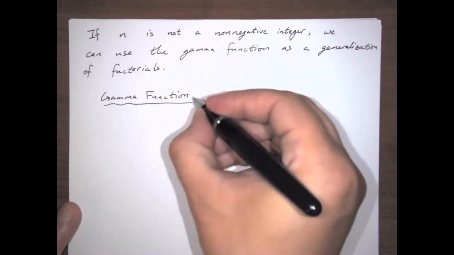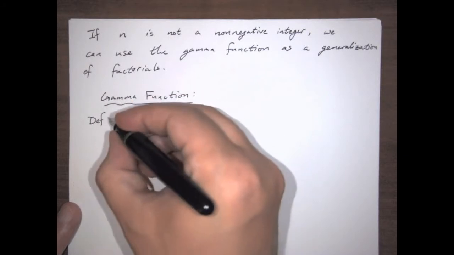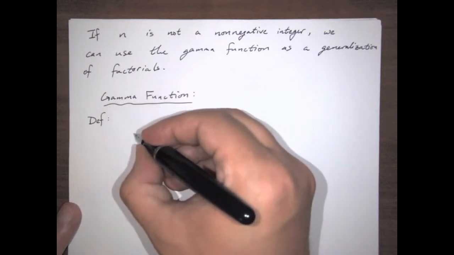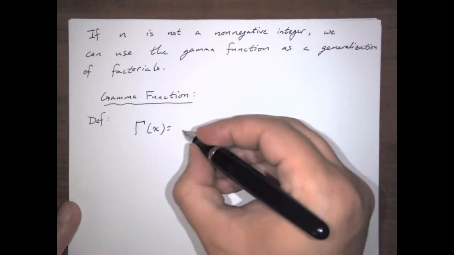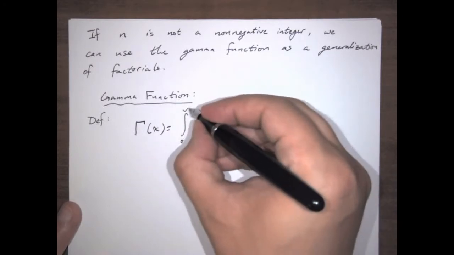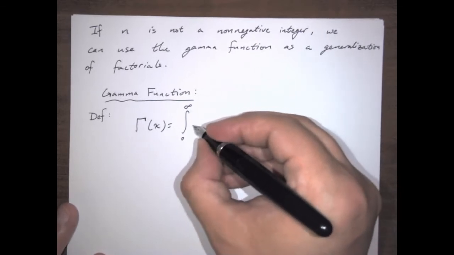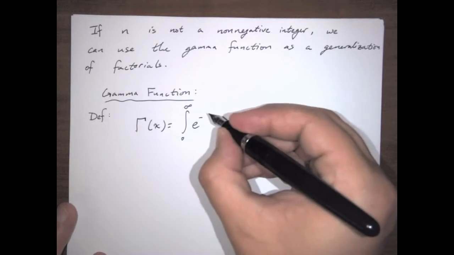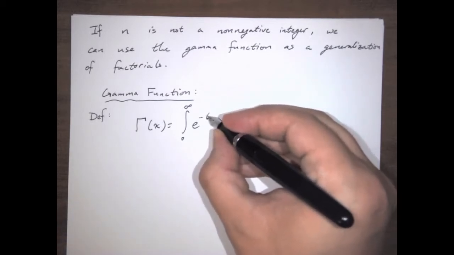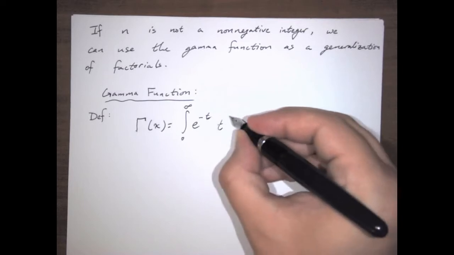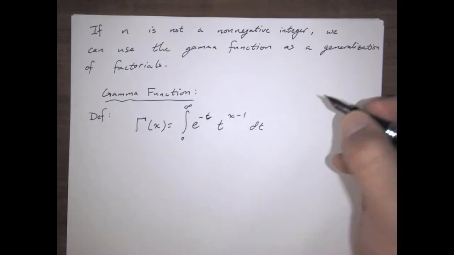So the gamma function. First off, the definition. The definition of the gamma function is that gamma of x is equal to the integral from 0 to infinity of e to the negative t times t to the x minus 1 dt.